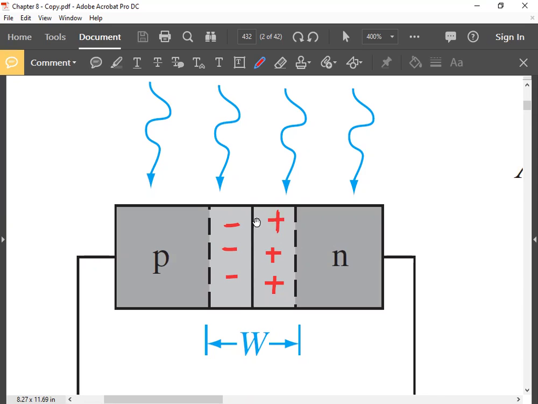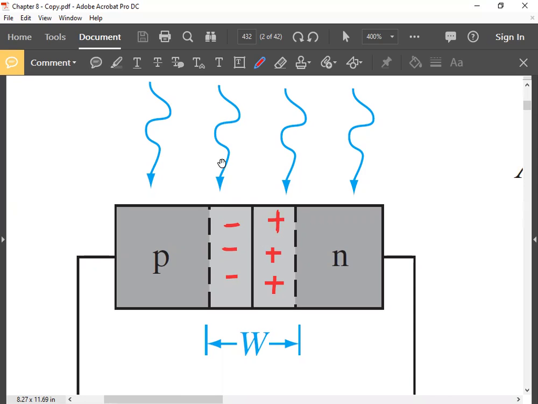Corresponding to this movement of electrons and holes, there will be a current, right? Holes moving to this side means the current is also from N to P. Electrons moving to this side means the current is from N to P. So for both types of carrier movement, current is from N to P. And this current, generated due to optical absorption, is the photo generated current, you can say.